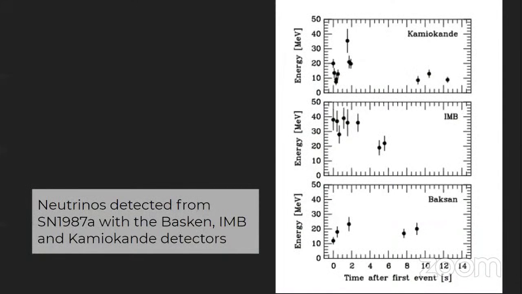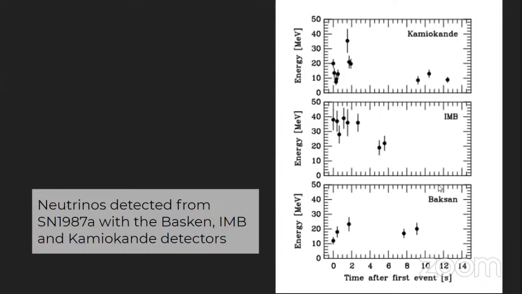So this was the data from 1987. So theoretically, it is predicted that a supernova in our galaxy could result in about 5,000 to 8,000 neutrino events in a single detector. But as you can see here, the Kamiokande detected 12 antineutrinos, the IMB detected 8, and Baksan detected 5 antineutrinos.